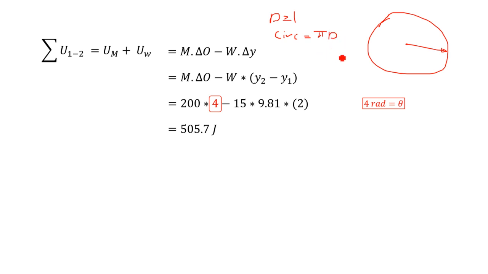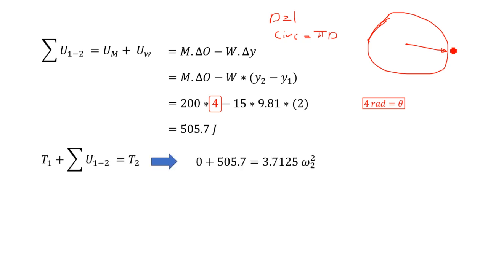Now, if we know that the rope is going to rotate 2 meters, by making the ratio we will find out how many pi's the rope rotates around the whole circle. And then we can say it is going to be equal to 4 radian. I will do that in the class, don't worry about that.